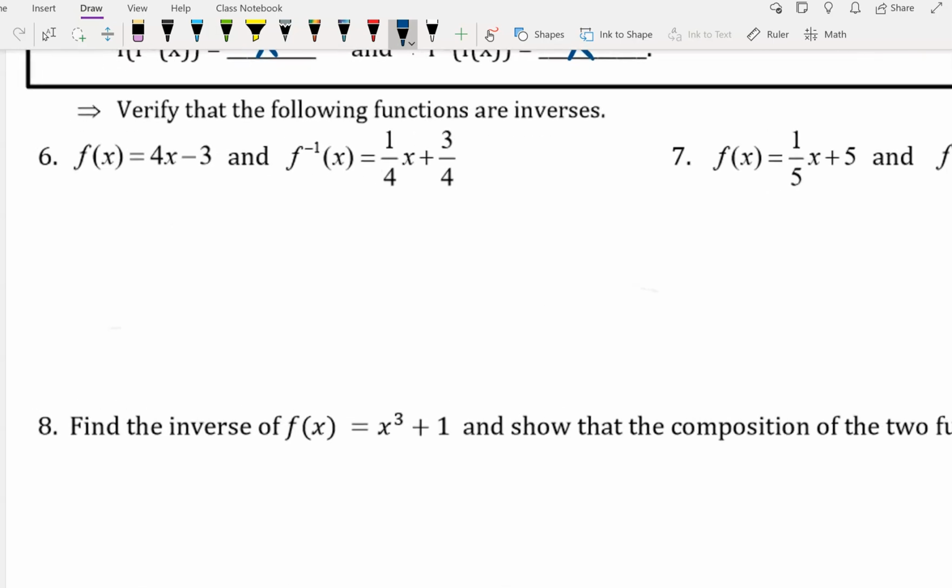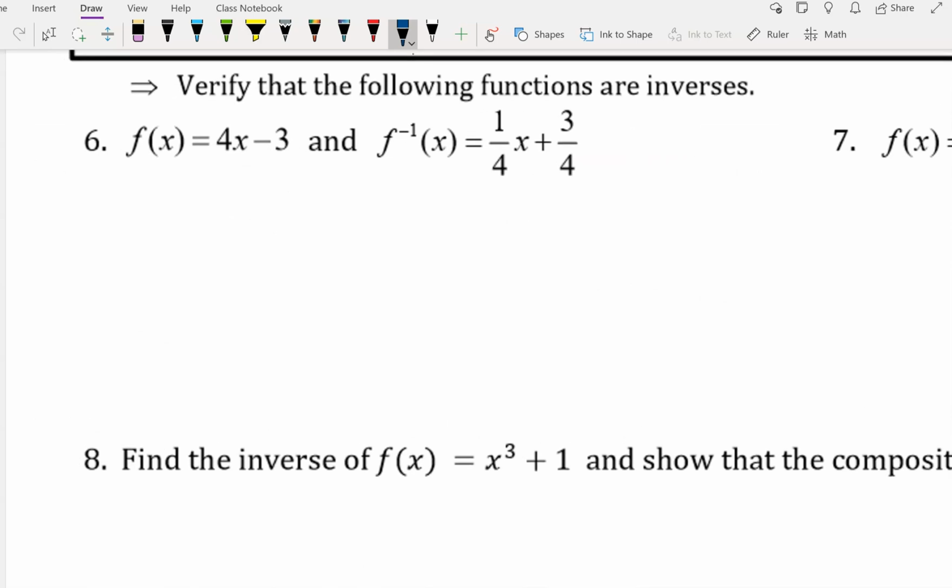So it says to verify that the functions are inverses. Based on the wording, I'm assuming they are inverses, and we're trying to just prove or show that they are. So I'm going to plug one into the other, and I should get x as an answer if they are inverses. I'm going to plug the inverse into the original f of x.